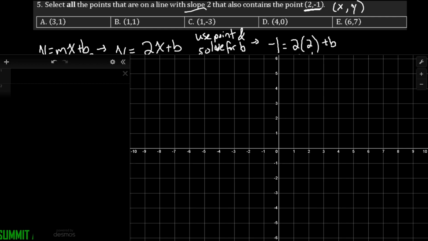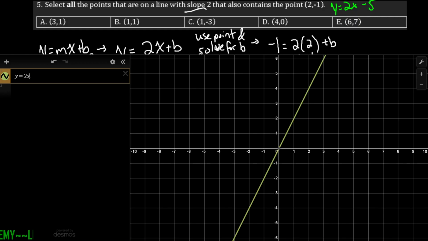And let me actually write real quick, let me write up here what our equation is, so that way we have it. So we're saying our equation is going to be y equals 2x minus 5. Okay, so let me switch back over. Okay, you guys can see it. And let's say y equals 2x minus 5.